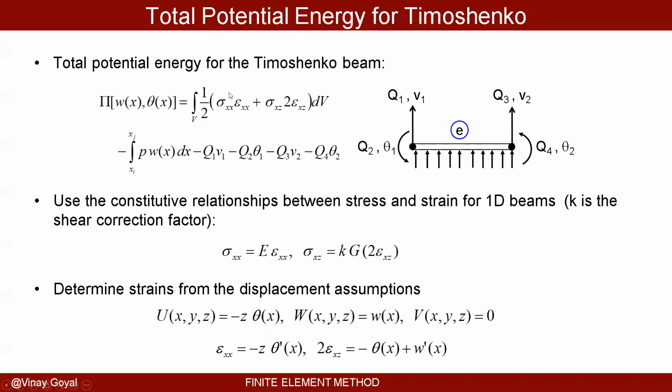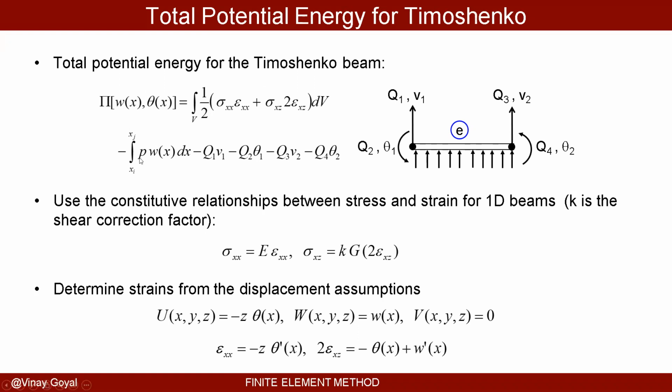I'll go ahead and now show you how to derive the theory using the total potential energy. The total potential energy was previously described as this being the integral over the domain volume V, and these are the only non-zero quantities from the strain energy.